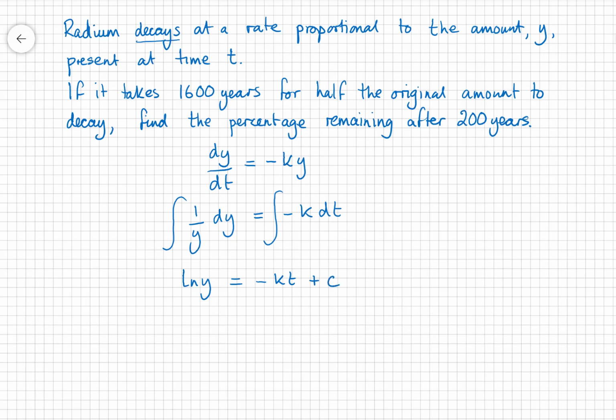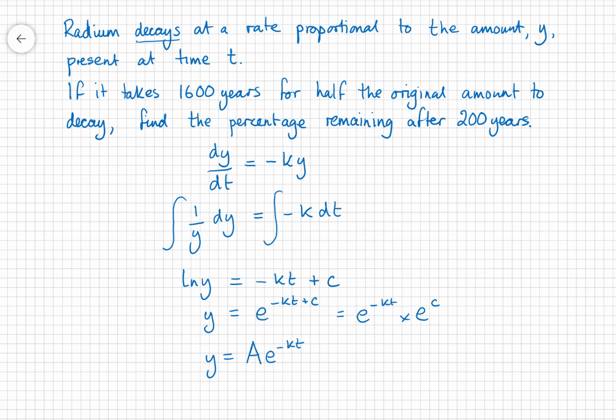We can now use our knowledge of exponentials to write y equals e to the minus kt plus c, and the right-hand side can be split into e to the minus kt times e to the c, and then finally y equals a e to the minus kt, and we've reached our general solution of the differential equation.